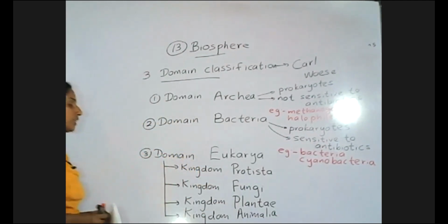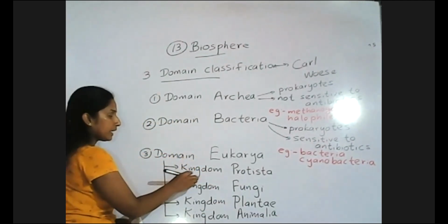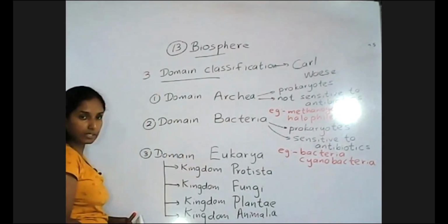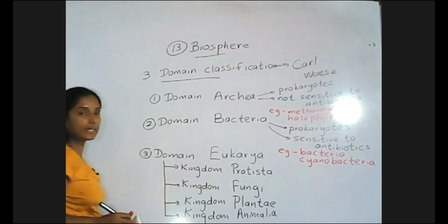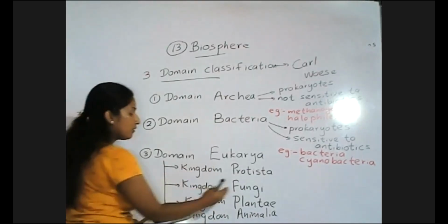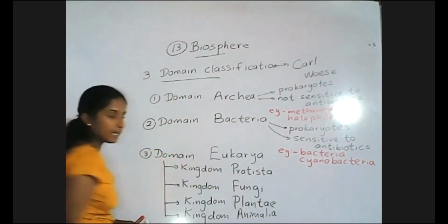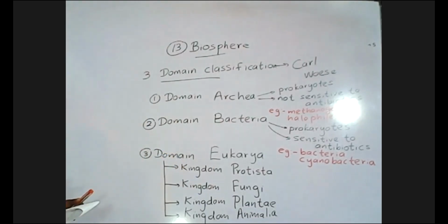Yes, those are the 4 kingdoms contained in the domain Eukarya, Pute, right? Domain Eukarya again divides into 4 kingdoms: Kingdom Protista, Fungi, Plantae, and Animalia, right?